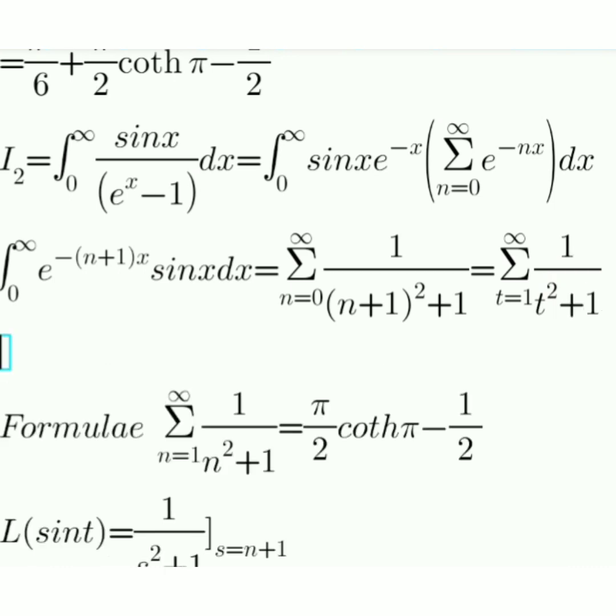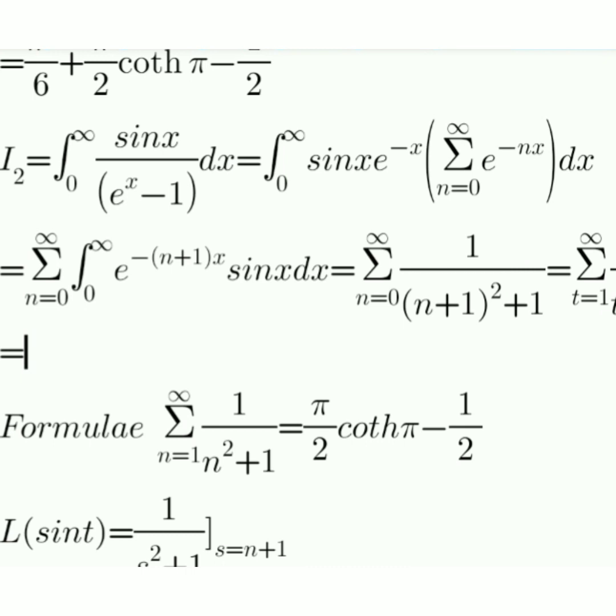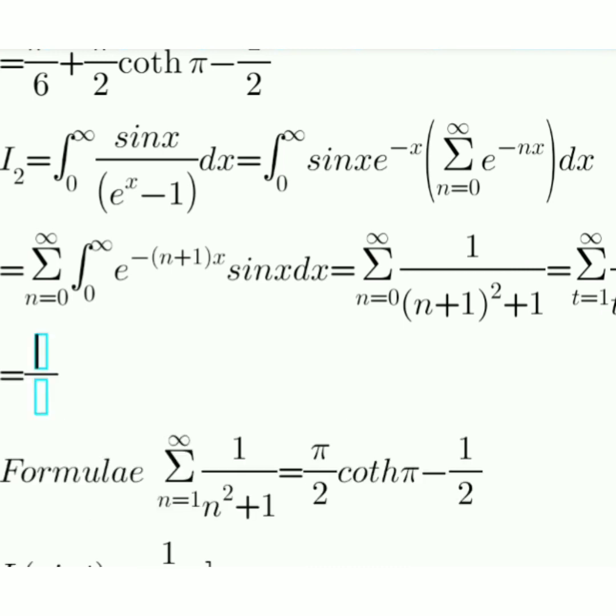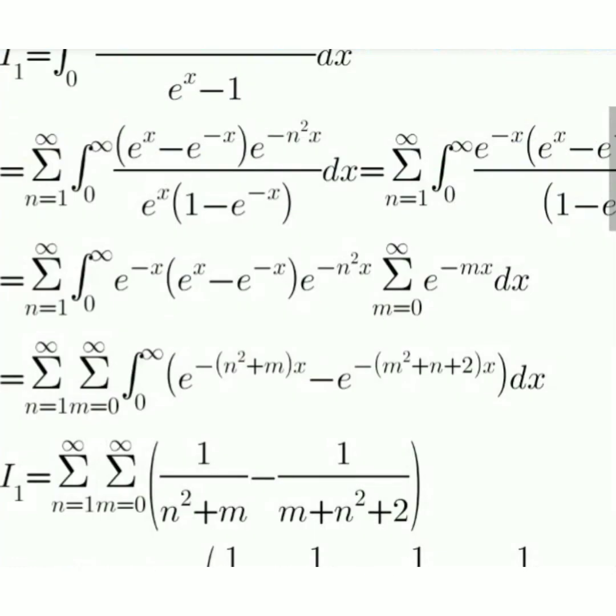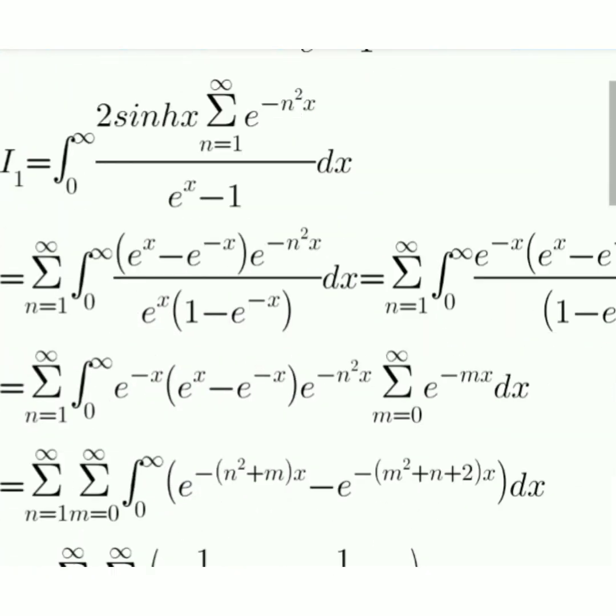This value equals to pi by 2 coth pi minus half. So friends, our problem is this problem I.